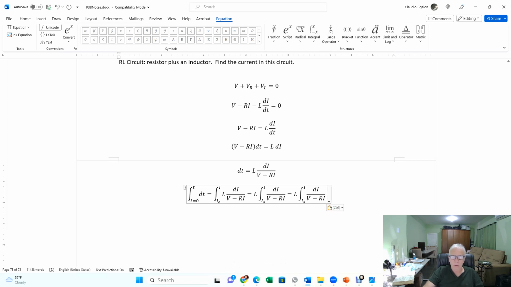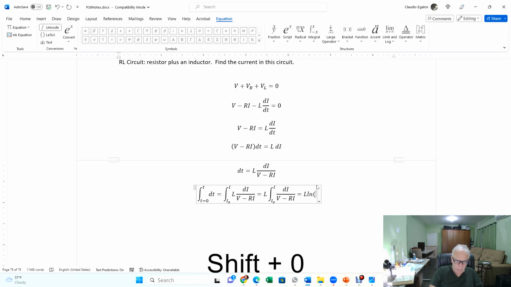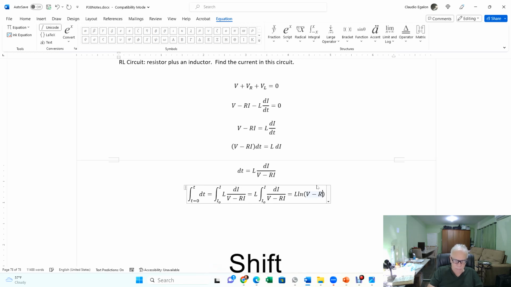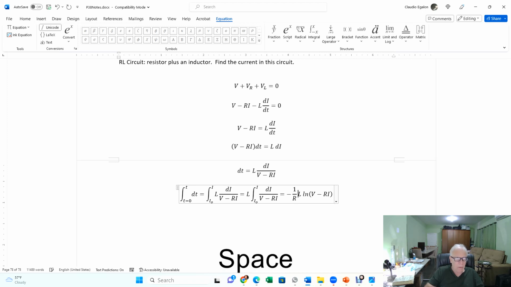It's going to be the log of V minus RI. Do I have to put anything else there? I have to put the inverse of R here to account for this negative and R, right?